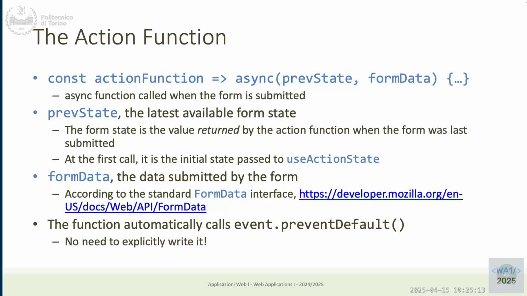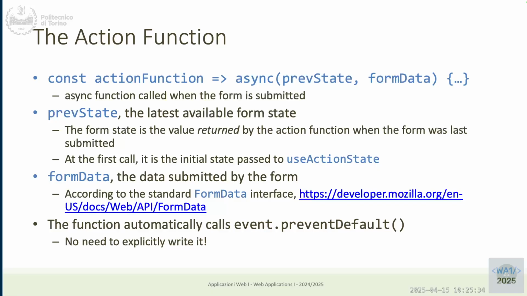And finally, of course, at the end we will decide to actually proceed with the submission. So this action function receives a previous value of the state and can return an updated version of the state. And it receives the current form data.